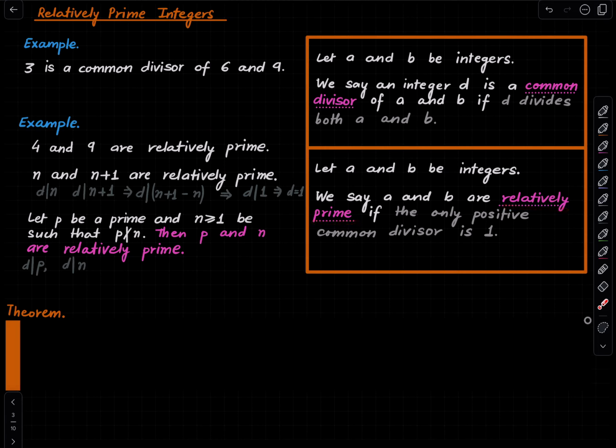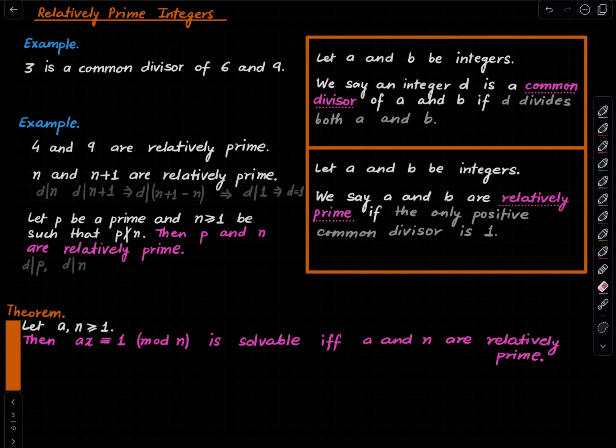Okay, and here is the main theorem that we want to prove today. So suppose we have two integers, although we didn't really need a to be a positive integer. So in fact, even n is not required to be a positive integer, but let's not change that.